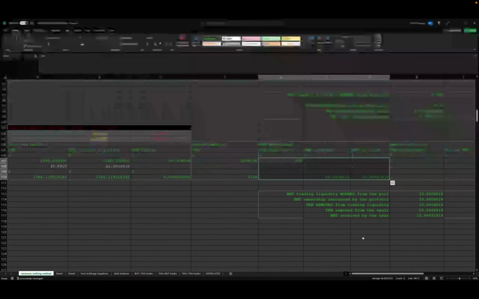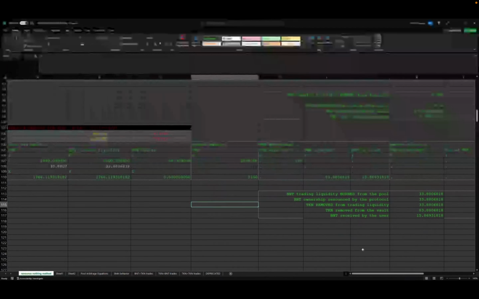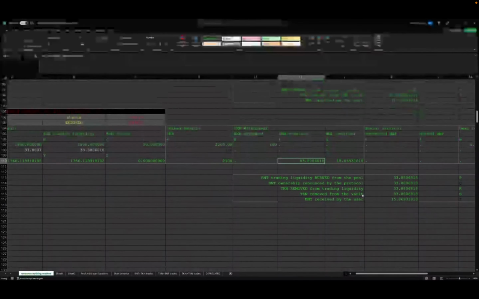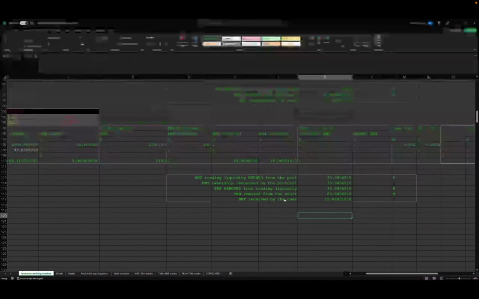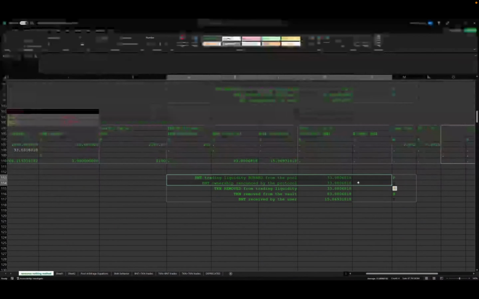Everything else that I've said is still true. So the overall deficit isn't allowed to change or isn't allowed to be worsened by this user's action. And you can see that there's a lot going on here. We are burning BNT from the pool because the trading liquidity is being reduced.